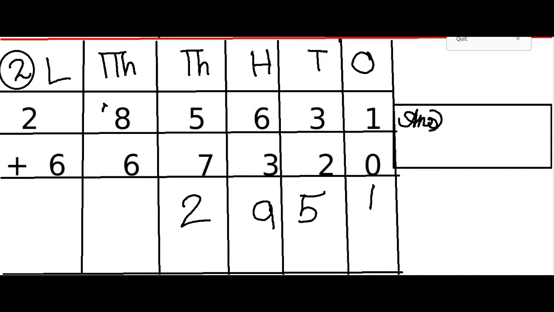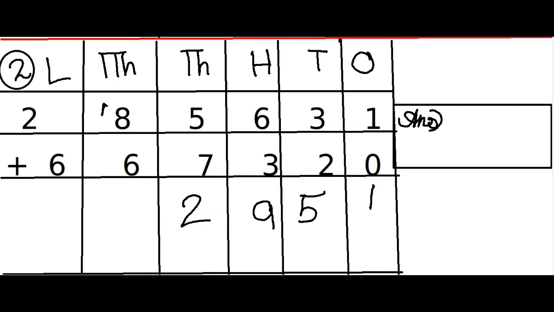Now let's do the next one. So over here in the 10,000 column of sum number 2, we have 8 plus 6. This carried over number written here is 1. So we are going to add this number like this. 6 plus 1 equals 7.